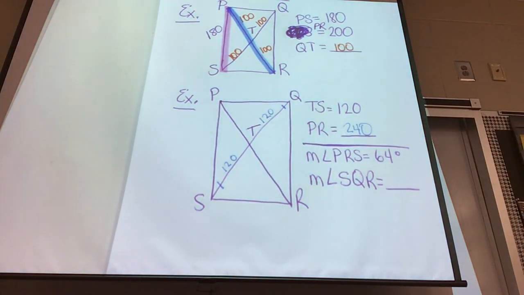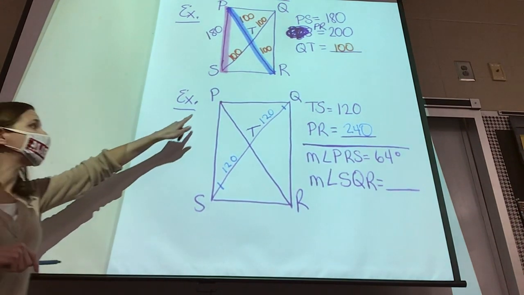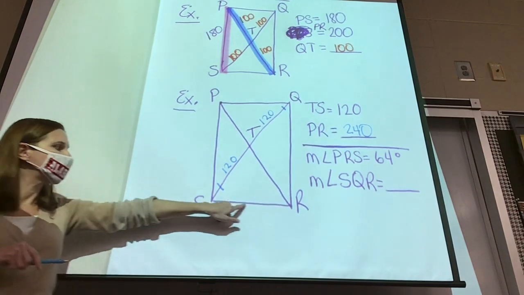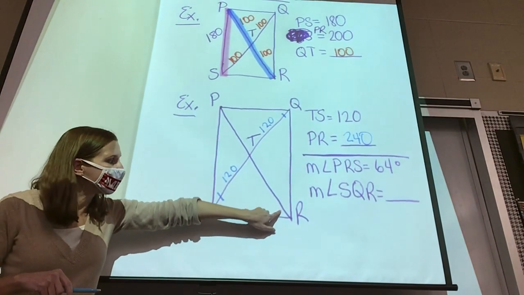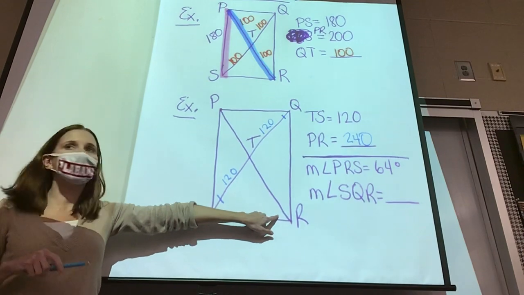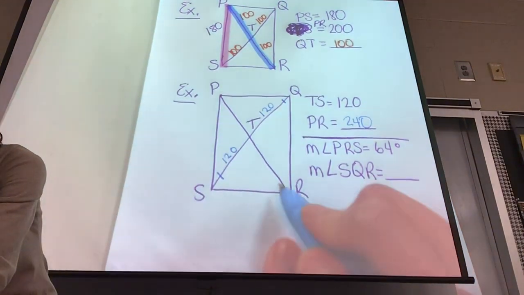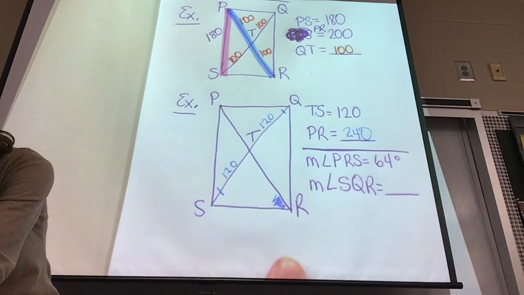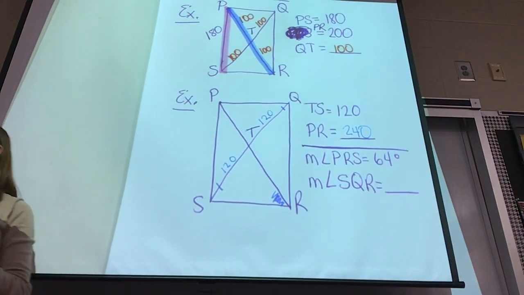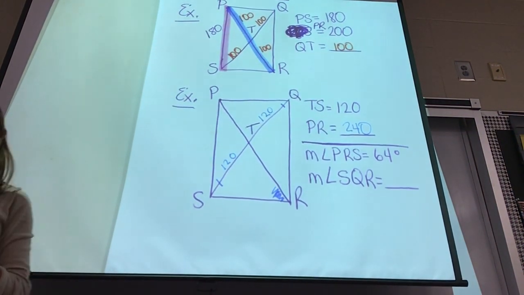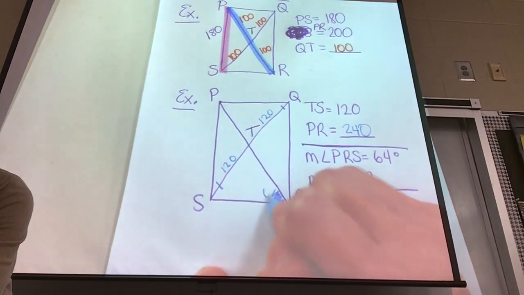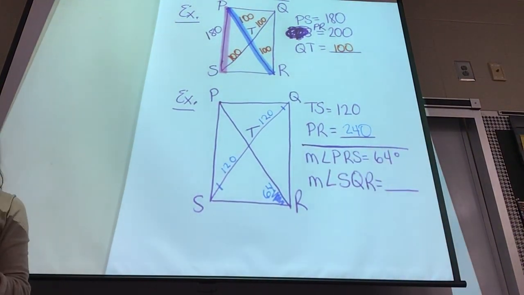So I'm telling you what PRS is. So first of all, where is PRS? You go from P to R to S. So they're telling you that it's this little angle right here. So this is PRS right here that I just shaded in blue. And they're telling me that it's 64 degrees. So I know that piece is 64.